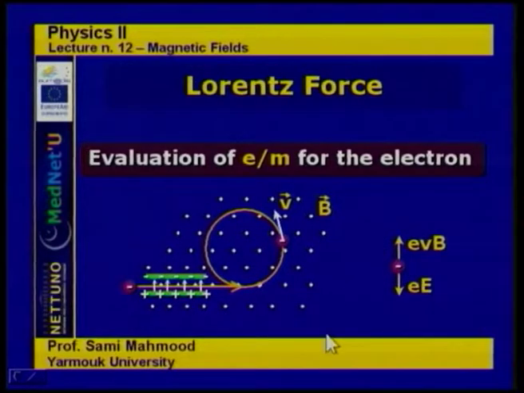So the electrons, as they move in the region of the velocity selector, or between these two plates, where there is an electric field and a magnetic field, and these two fields are perpendicular to each other, as we see, then there are two forces acting on the electron as it moves between these two plates.